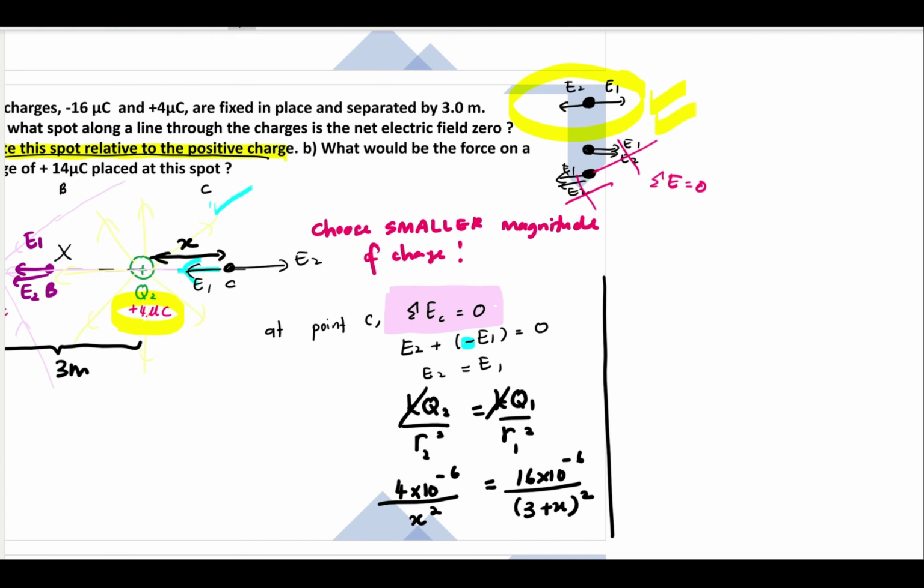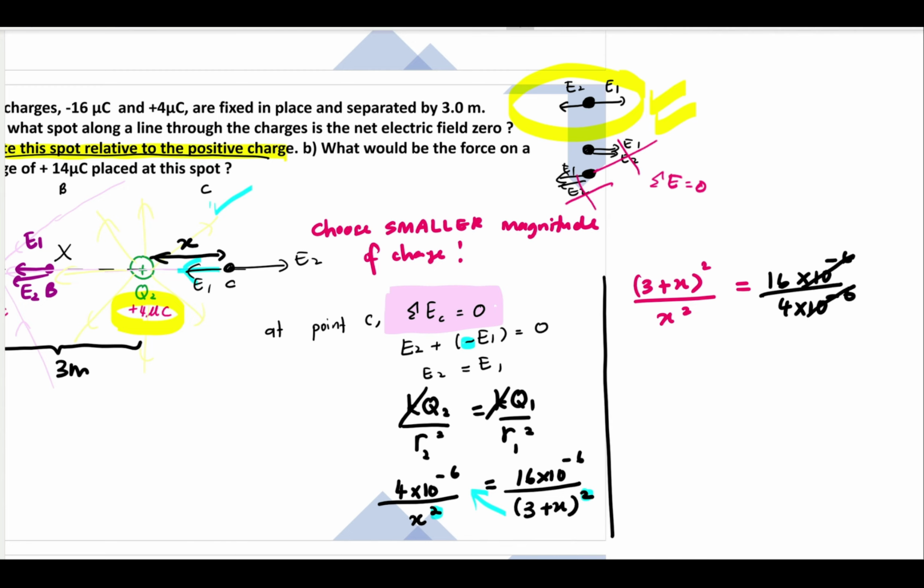Okay, look at here. We have squared. Saya pindahkan dia. Okay, saya tak nak buka bracket. Jangan buka bracket dia. Okay, so dia akan jadi 3 plus X squared over X squared is equal to 16 exponent negative 6 over 4. So, ini kita boleh cancel yang belakang tu.